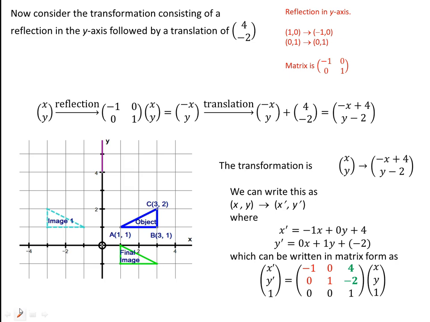And we can write that in matrix form as (x', y', 1) equals the matrix [-1, 0, 4; 0, 1, -2; 0, 0, 1] times (x, y, 1). So we've got a matrix representation for the transformation consisting of a reflection in the y-axis followed by a translation of (4, -2).